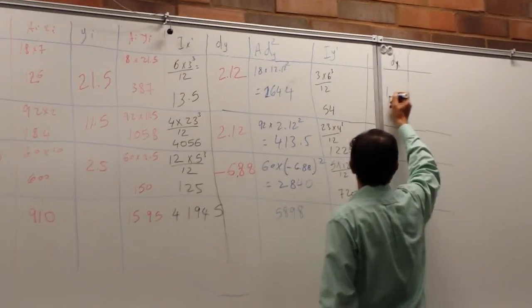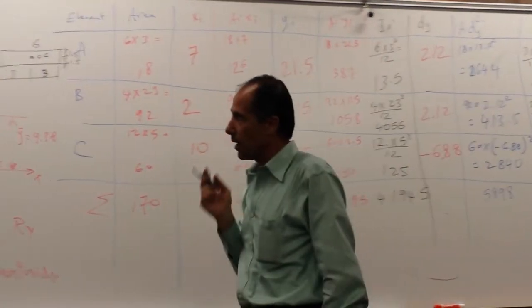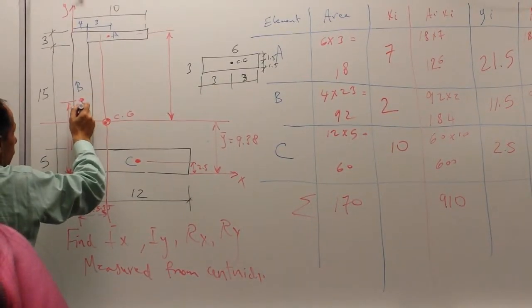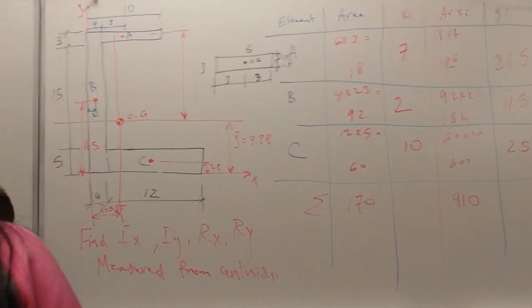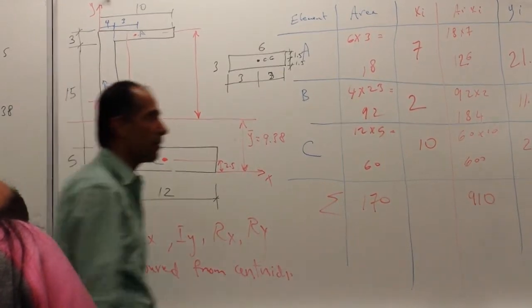Everybody agrees, 1.65? Next one, the center of gravity is here measured by 2, correct? 5.35 minus 2 is 3.35.